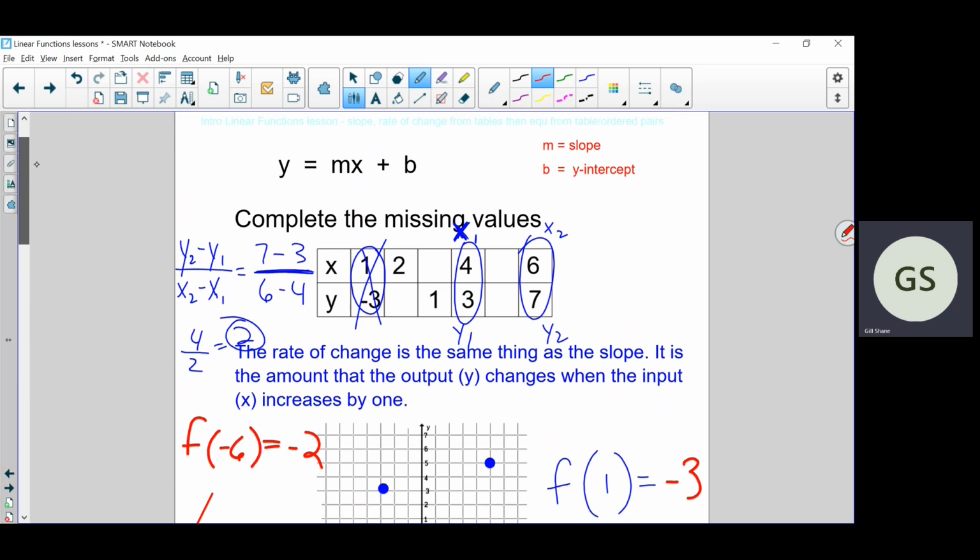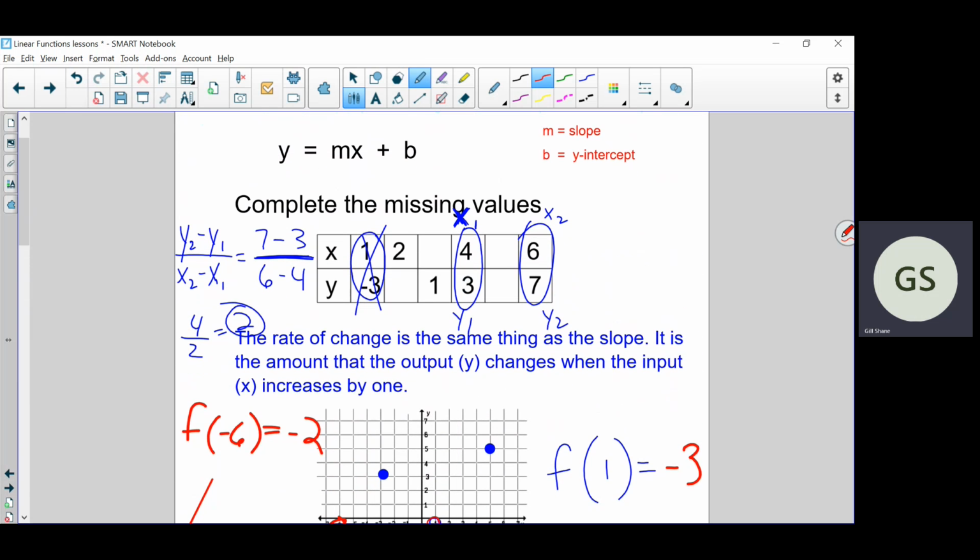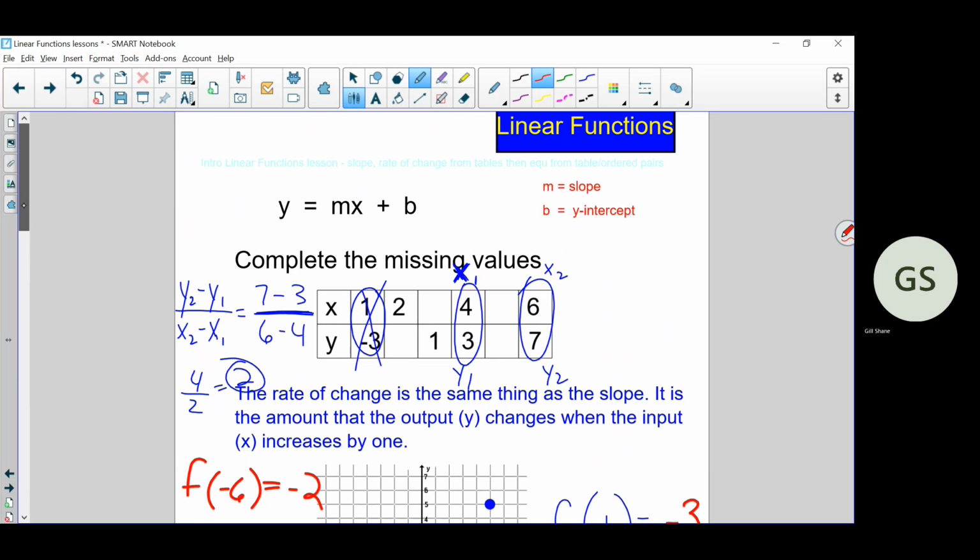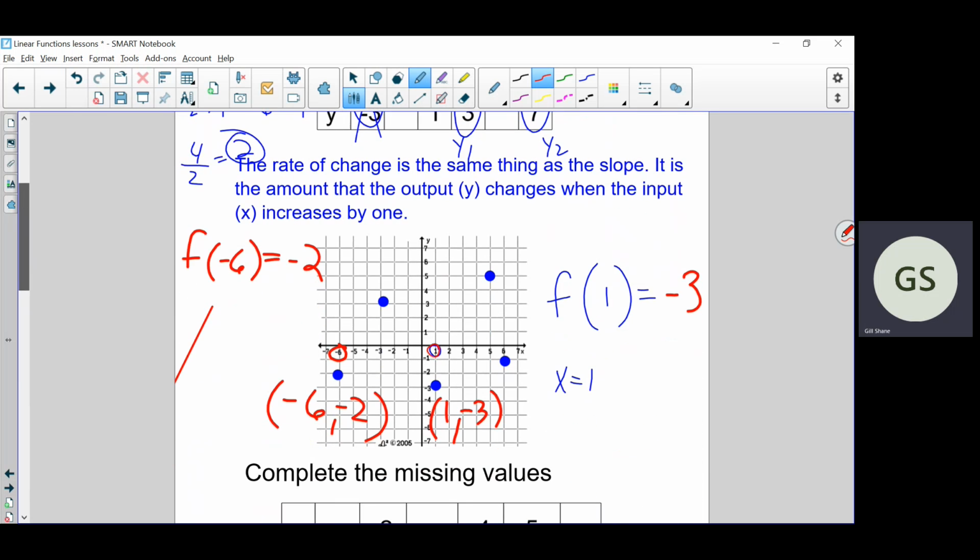So we have this table right here. We already solved for the rate of change.